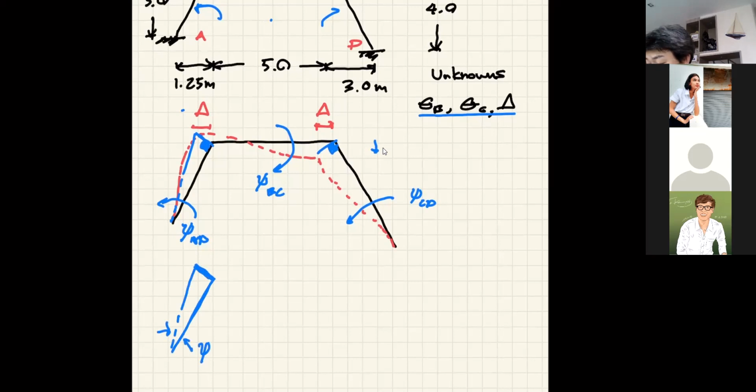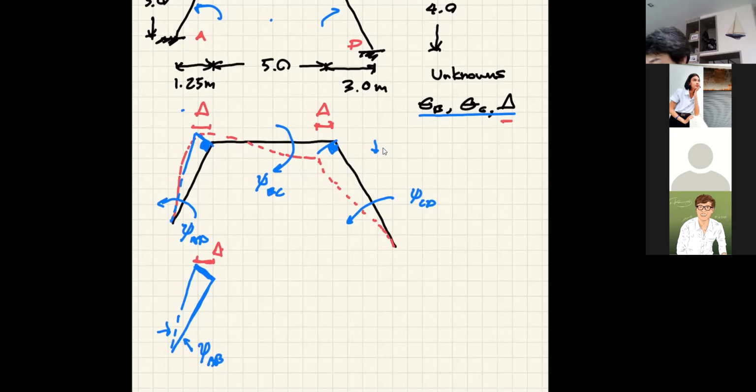But because we need to solve this frame as one horizontal unknown, we identify our unknown in this direction. So you need to turn this delta into the distance in this direction so that you can write psi AB.